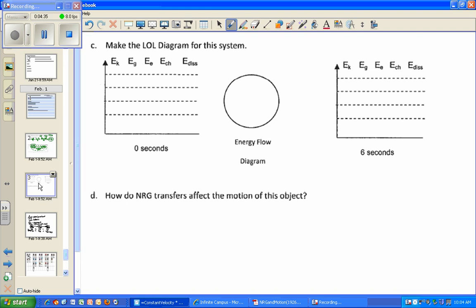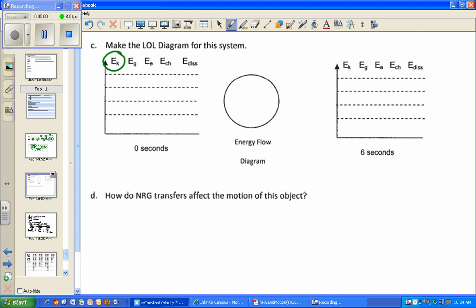Yes. What is this object doing? Moving, right? Even though the time is 0 seconds, we don't know what the object was doing before 0 seconds, and it says the object is moving at a rate of, we figured out, negative 5 meters per second. So is there EK? Yes, the object is moving with a constant velocity, so there's EK.